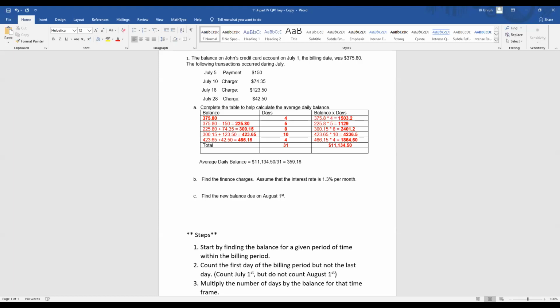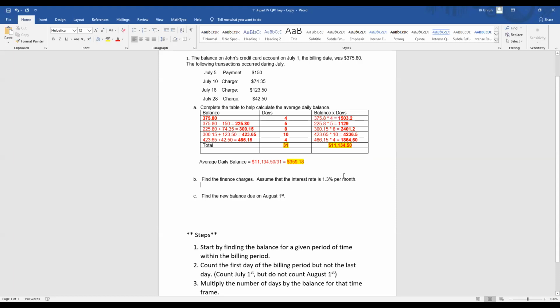So my average daily balance is $359.18. I'm going to just highlight a couple things right here. And so my answer for part A is $359.18. And that is probably the most calculations you have to do for all of this problem.